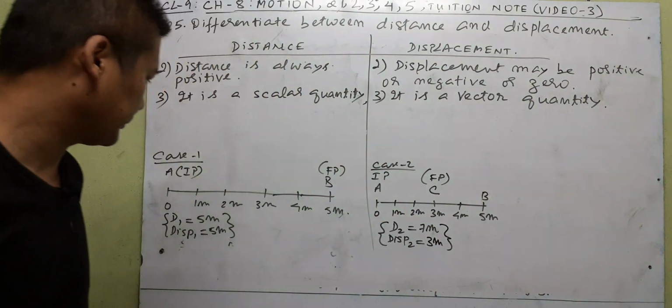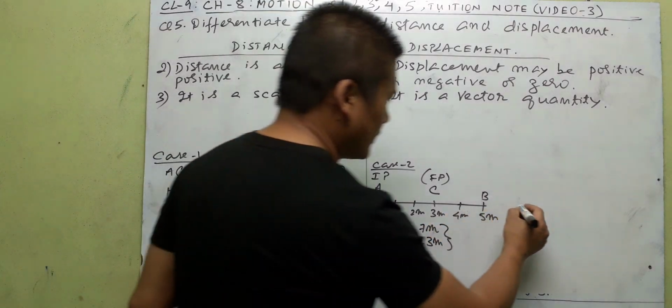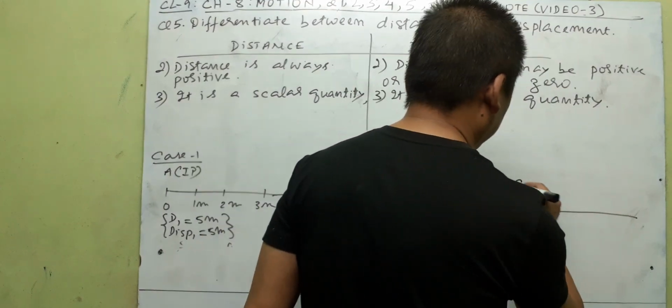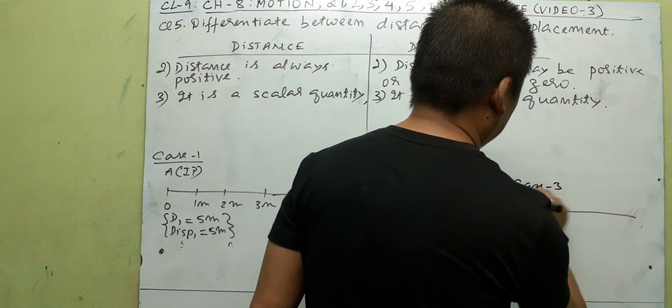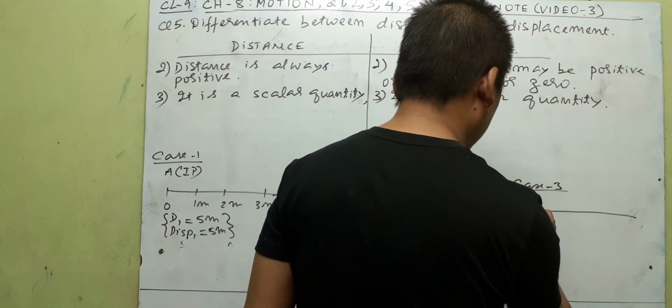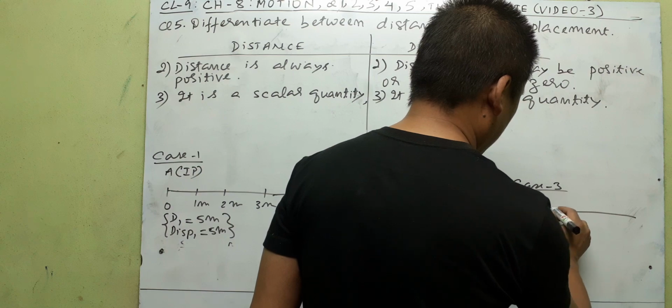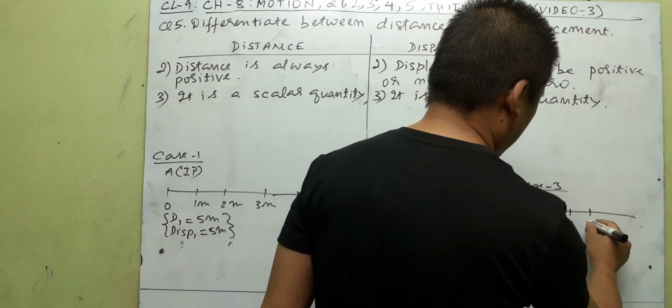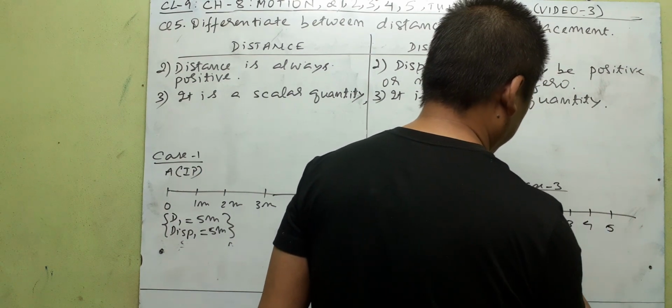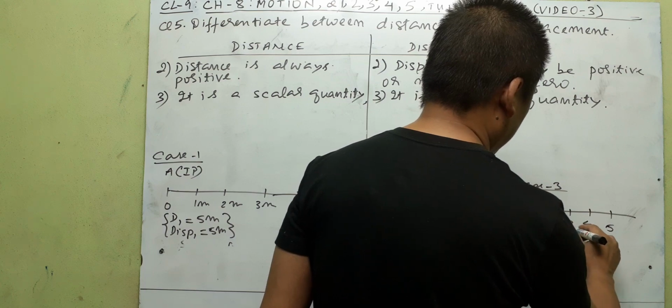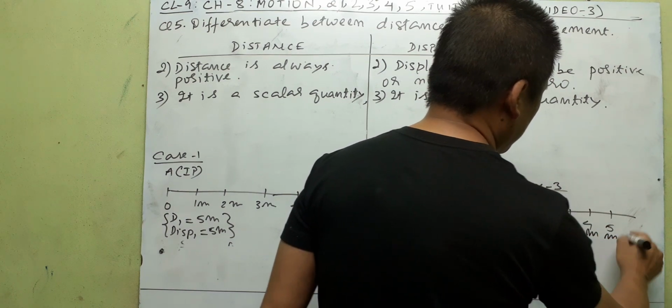Okay, and then let us take here case 3. Here his initial position, here A, 0 meter, 1, 2, 3, 4 and 5, let us say. Same swimming pool.